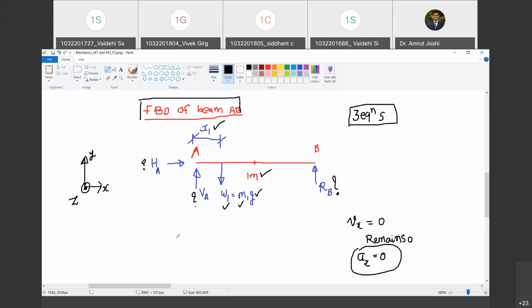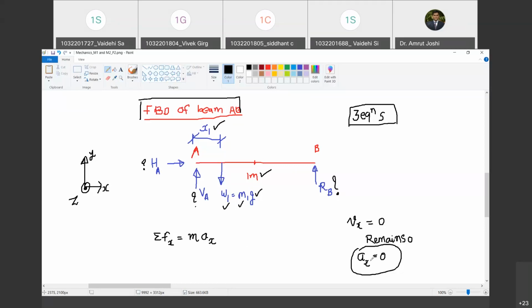We did the statement in the theory class. The algebraic sum of all the forces in X direction must be equal to the rate of change of momentum in X direction, and if mass is constant, it must be equal to mass into acceleration in X direction. Do you agree with me? Yes, sir. This is the statement of Newton's second law.